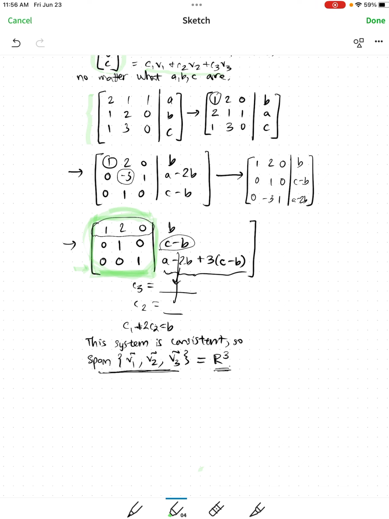Because the only way the system is going to have no solutions is if you have a zero row at the bottom and then something that's not zero in the augmented part. But here you don't have any zero rows, so that tells you that these vectors will span R3.